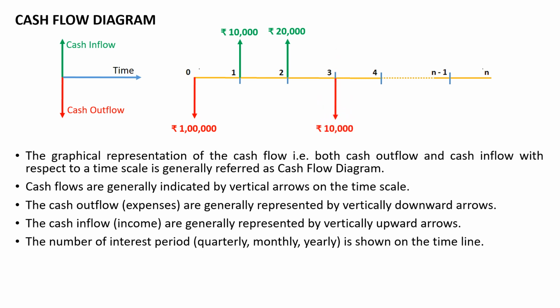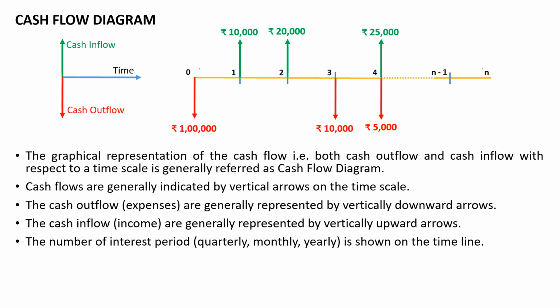At the end of third interest period, there is a cash outflow of rupees 10,000, which is represented by a vertically downward arrow. At the end of fourth interest period, again there is a cash outflow of rupees 5,000.